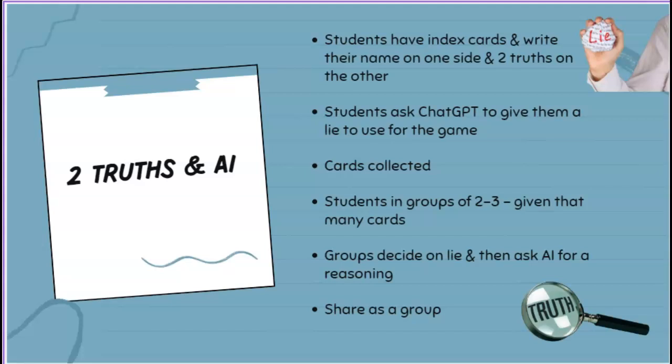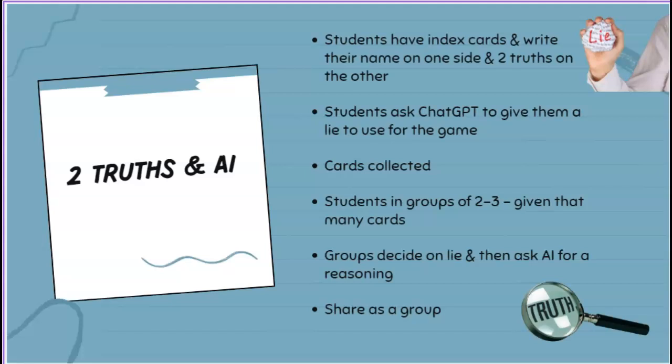Once they had their two truths, the students asked ChatGPT to give them a lie to use for the game. A couple notes here. You could use any LLM that you want. I chose ChatGPT because it doesn't require a logon. This was class number 1. We hadn't really gotten into much about what AI is, so I thought this would be an easier way to go.